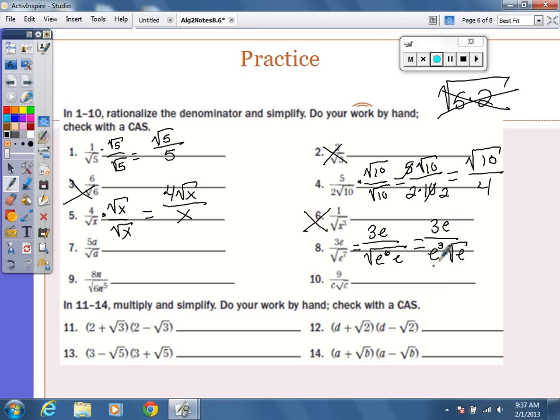You could simplify here if you'd like. So that's 3 over e squared, square root of e. Now I will rationalize by multiplying the top and the bottom by square root of e. And I get 3 square root of e all over e squared times e, which is e to the 3rd.